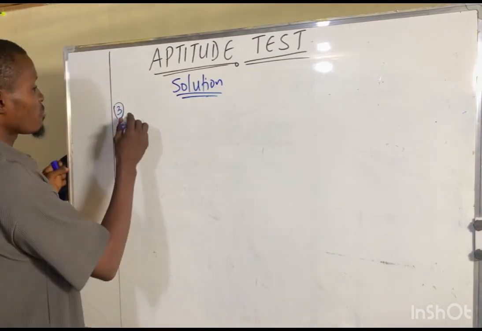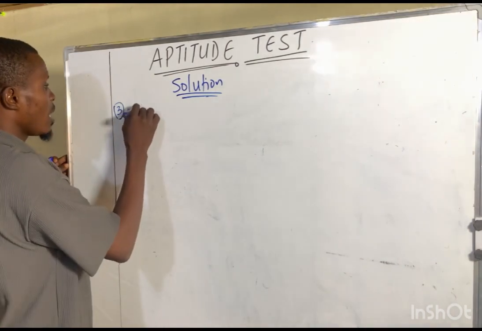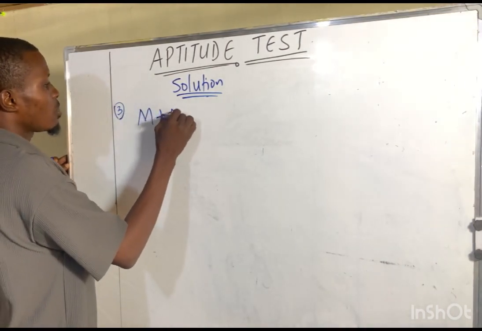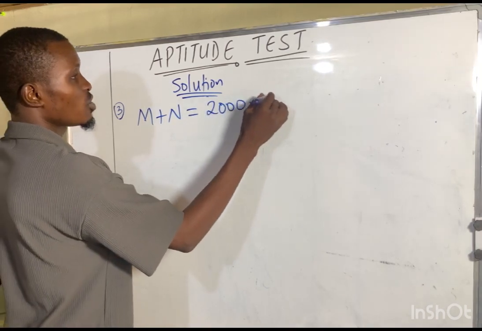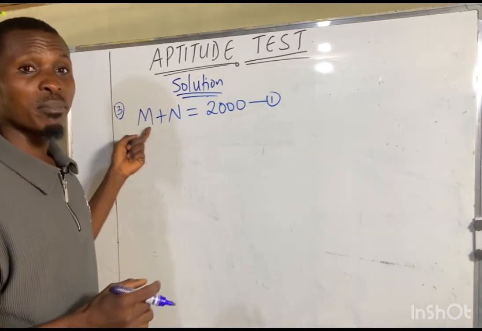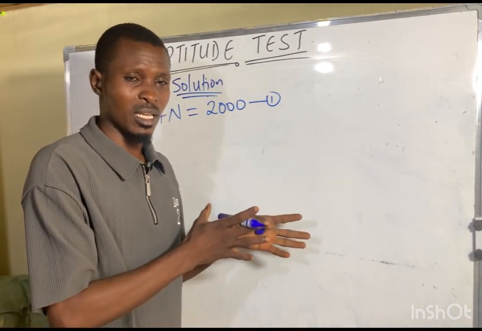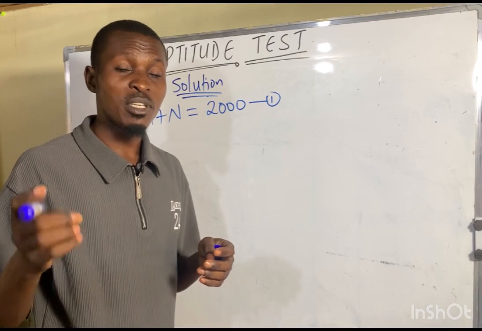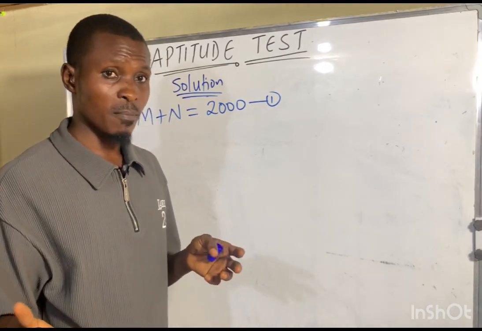First, the first statement: M and N, their salaries altogether is 2,000 rupees. We call this equation 1. Now, if M spends 95%, it means he saved 5%. And if N spends 85%, it means he saves 15%.